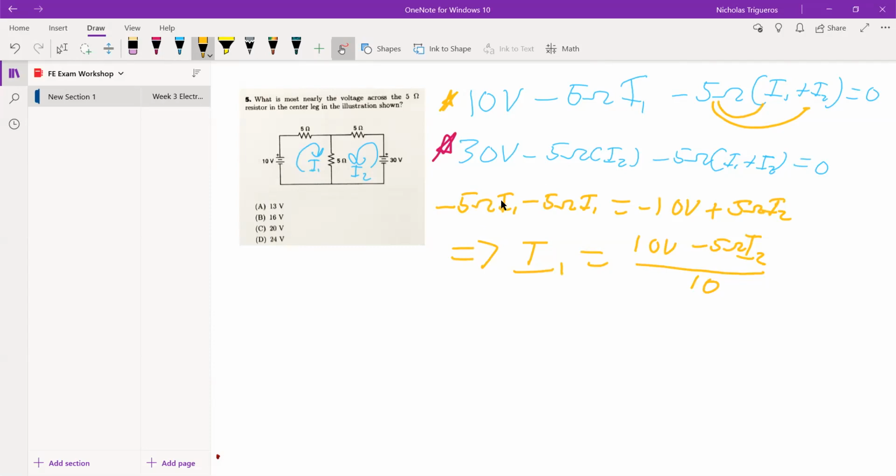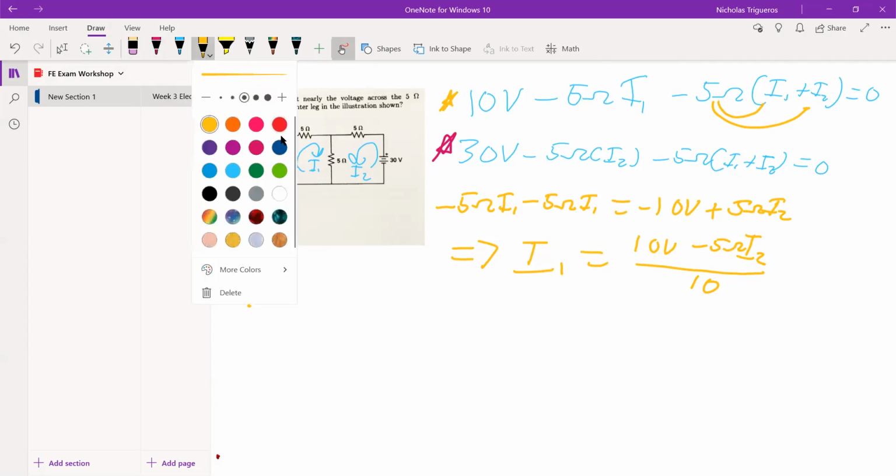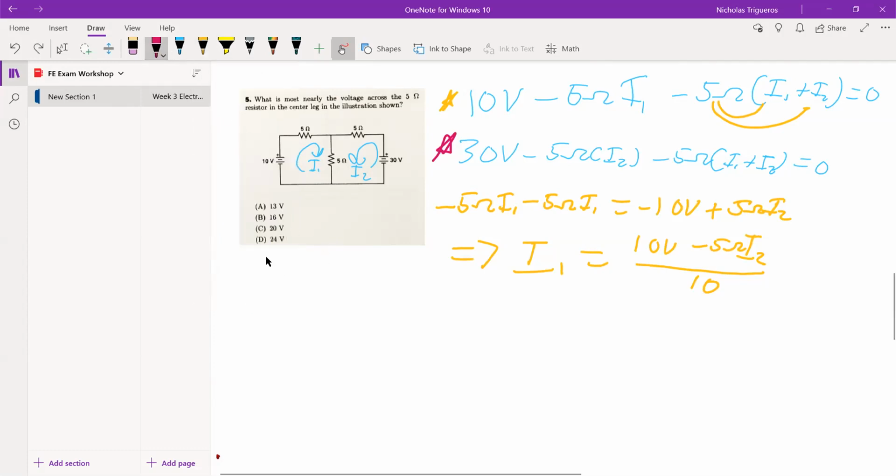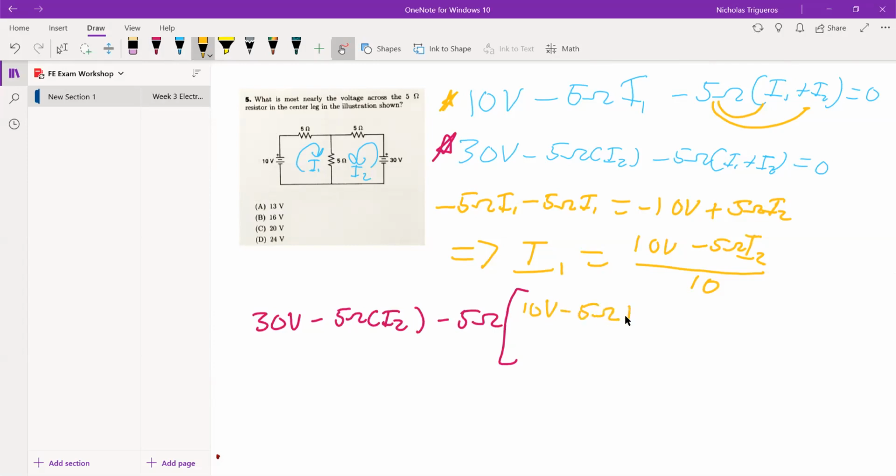All right. Now we can throw that into the 30-volt equation: 30 volts minus 5 I2 minus 5 times (10 volts minus 5 ohms I2) divided by 10.